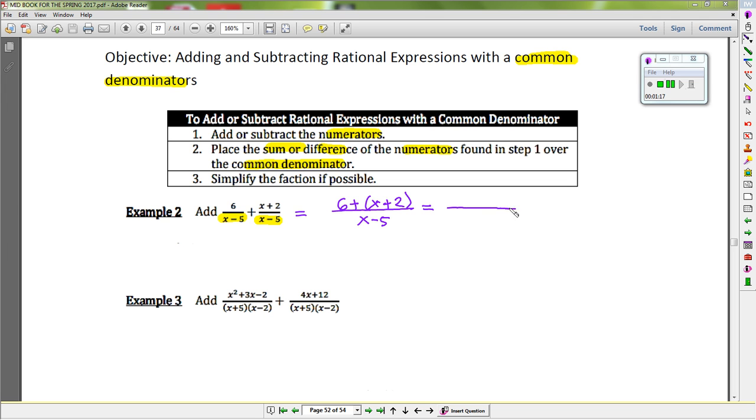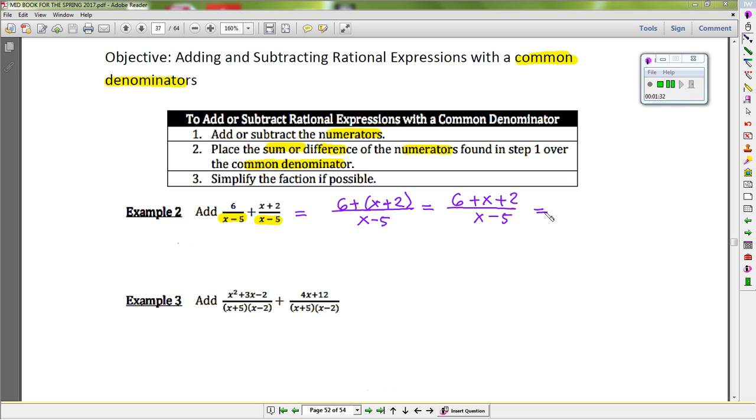Then I'm going to remove the parentheses. Since you have a plus sign, when you remove the parentheses, the sign of each term stays the same. So 6 plus x plus 2 over x minus 5.